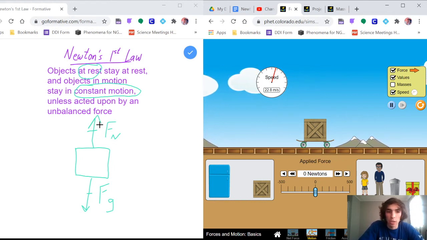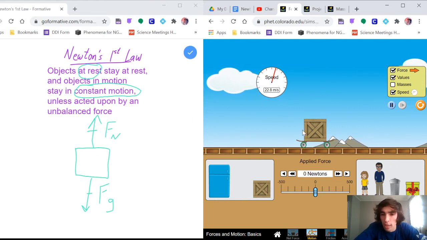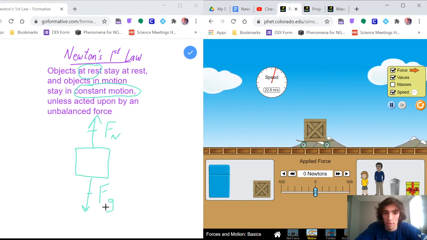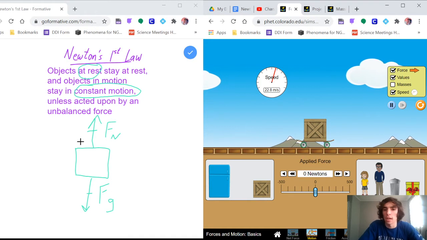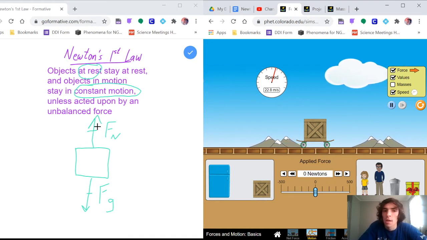This is actually still the free body diagram that represents the forces still acting on this object. Its mass didn't change, so the force of gravity didn't change. And if the force of gravity didn't change, this normal force could not have changed either. They're still equal and opposite, balancing out.